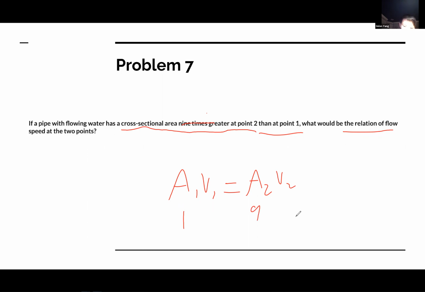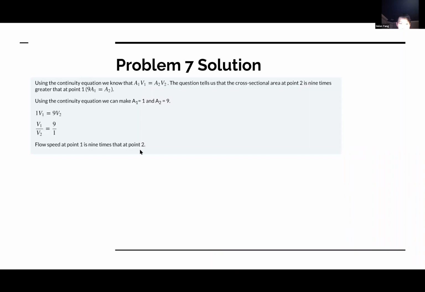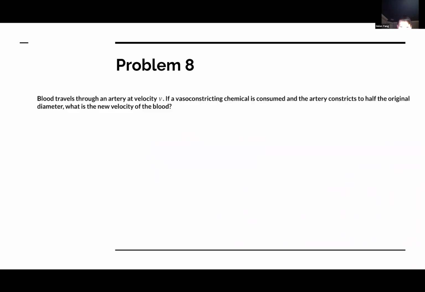So V1 is equal to 9 V2. So the velocity at point 1 is 9 times greater than at point 2. And this is the solution. Okay, so this is the final question.